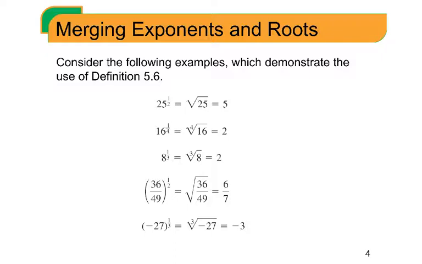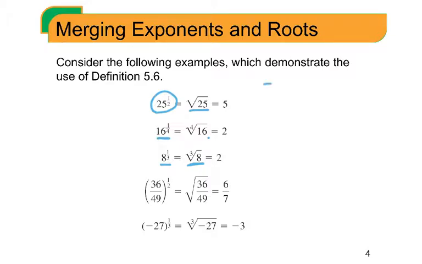Here's some more examples going the other way. 25 to the 1/2 power, well, that's the square root of 25, which we know is 5. 16 to the 1/4 power, that's the 4th root of 16. 8 to the 1/3 power, the cube root, and so on.